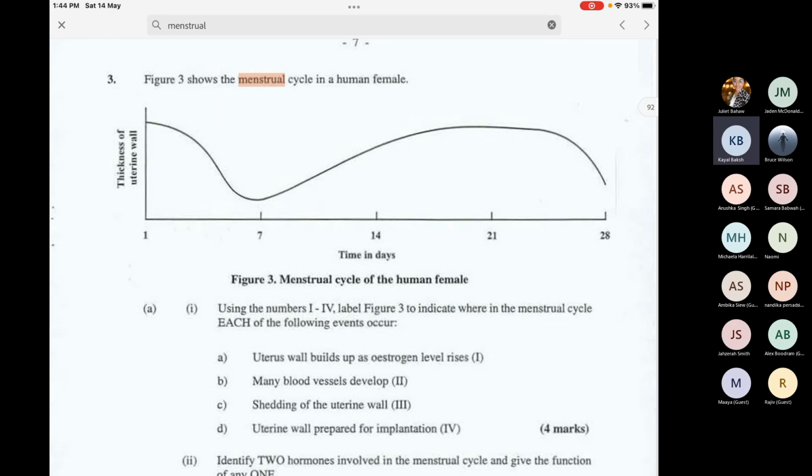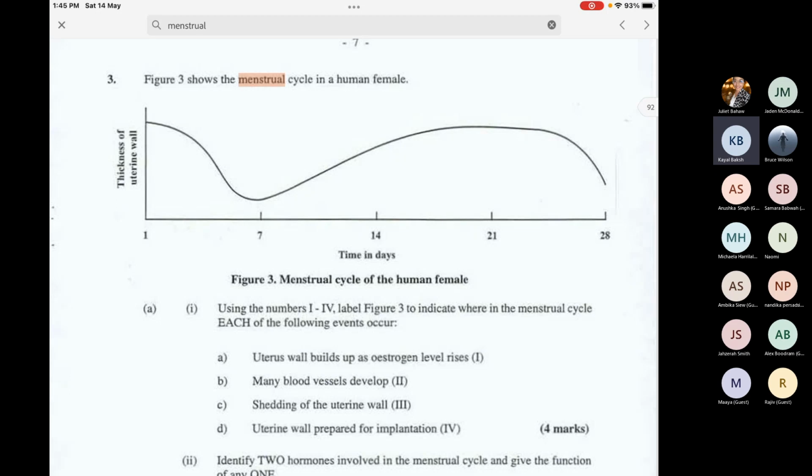It's not like you're going to have wrong answers if you put day 20 or about 22. You could get away there. This is the kind of question where you will have multiple answers. So I'll put that number 2 by day 21 because that is the highest point of the wall. That means the wall got thicker because the blood vessels developed. The blood vessels become enriched with blood.